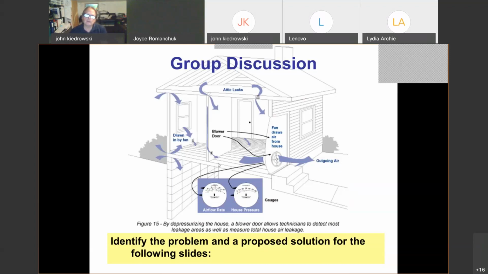So it's going to show, where all these magenta colored lines indicate, the leakage into the basement, where there's that connection between the floor and the foundation, where we build the platform, on top of the platform our wall, where we build our ceiling, and so on, and attic leaks. It's going to start showing us where all the air is infiltrating through the cracks of the house. So by depressurizing the house, the technicians can detect the most leakage areas as well as measure the total house air leakage.